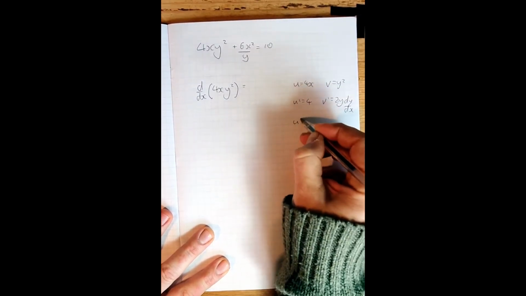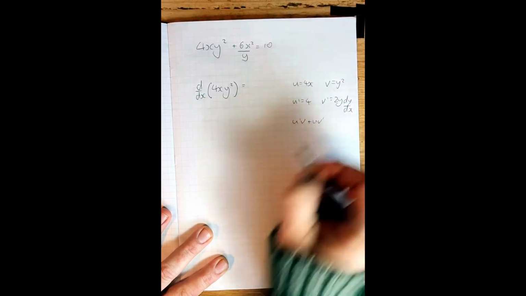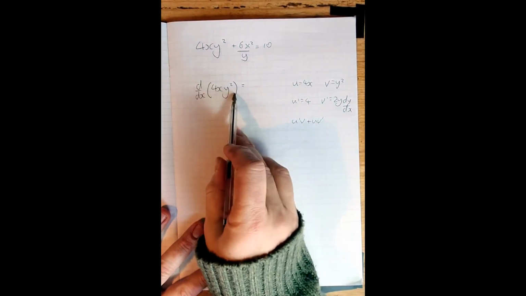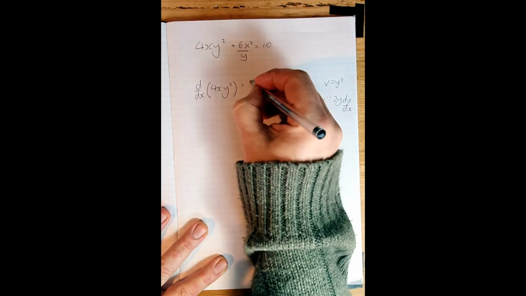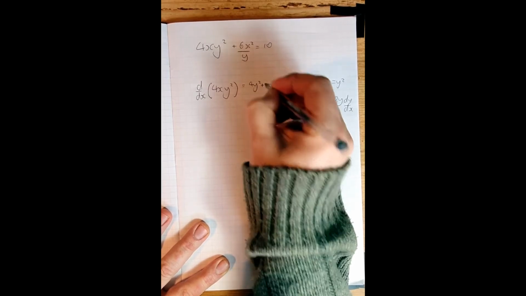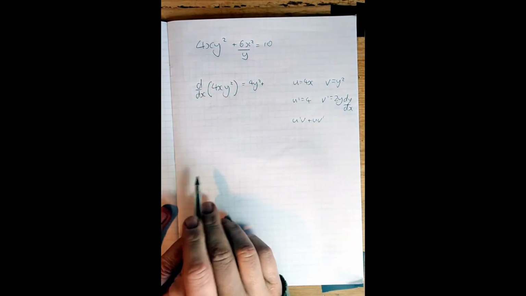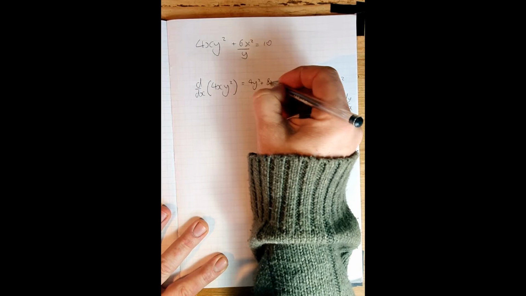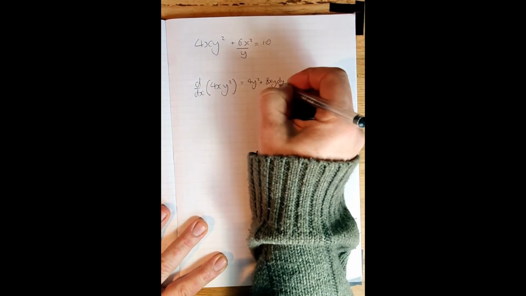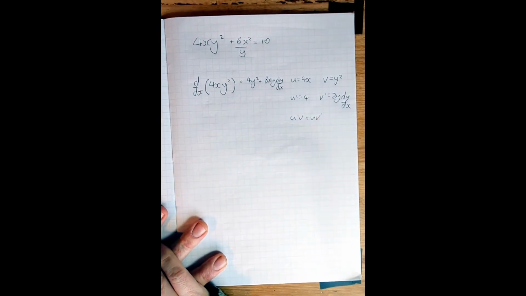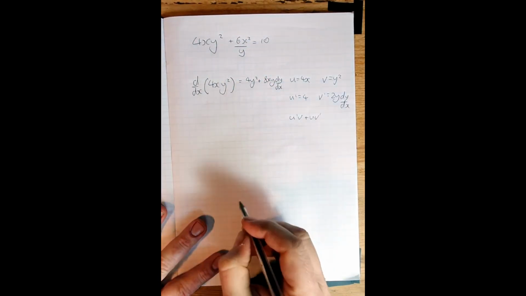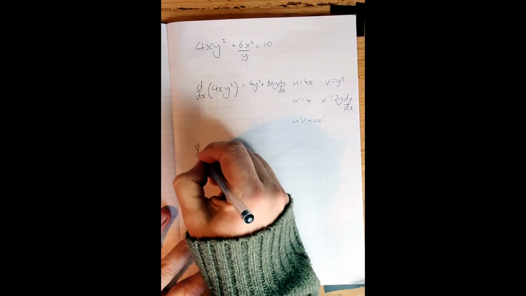And remember the product rule is u dash v plus uv dash. So my derivative, u dash v, 4y squared plus u v dash, 8xy dy dx.